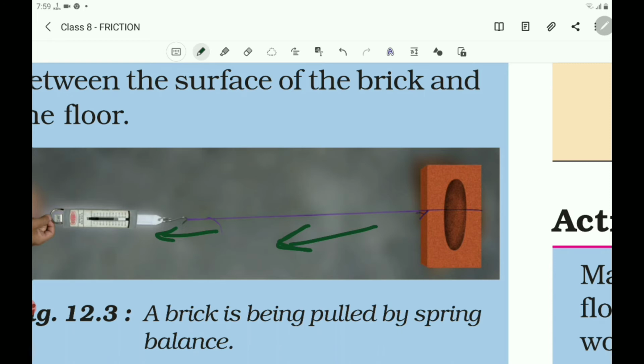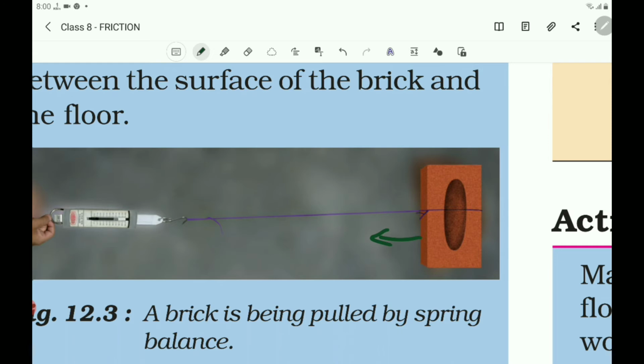You need to apply some force and note down the reading on the spring balance. Note down the reading on the spring balance when the brick just begins to move. When the brick starts to move, then we have to note down the reading in the spring balance.